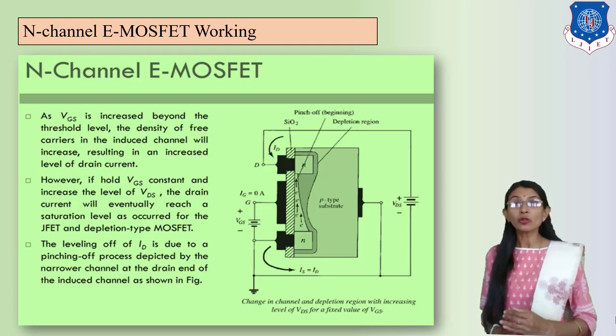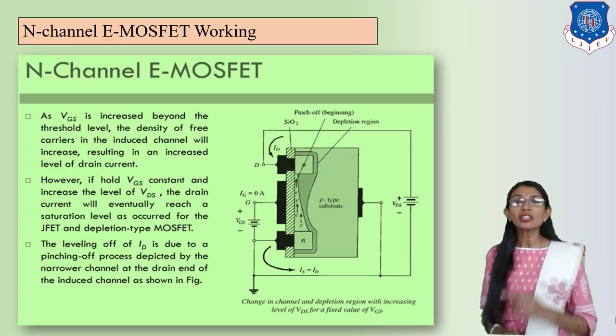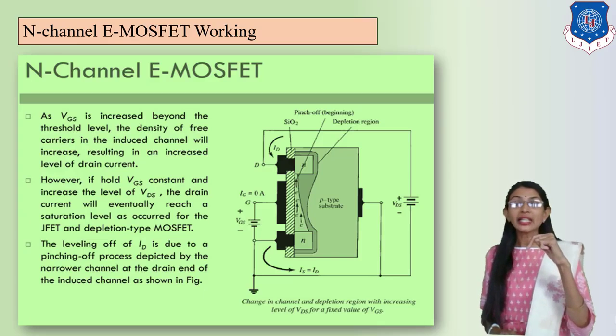More and more electrons will be gathered and collected into the channel, and due to that, free electrons will be available in the channel. So we can say that if VGS, which is a positive battery, is increased, then more and more free electrons will be collected near the gate terminal, and it will create the channel. And so we can say that the channel will be enhanced.